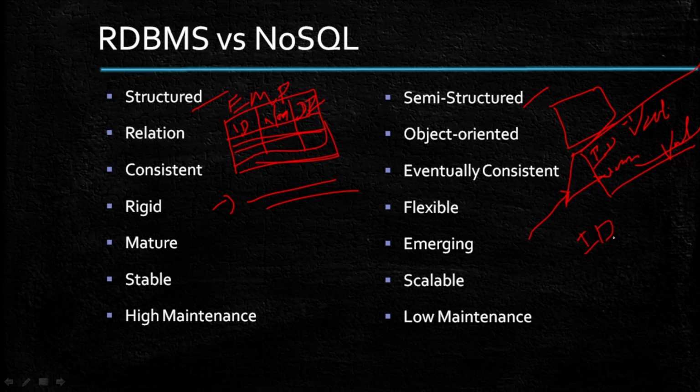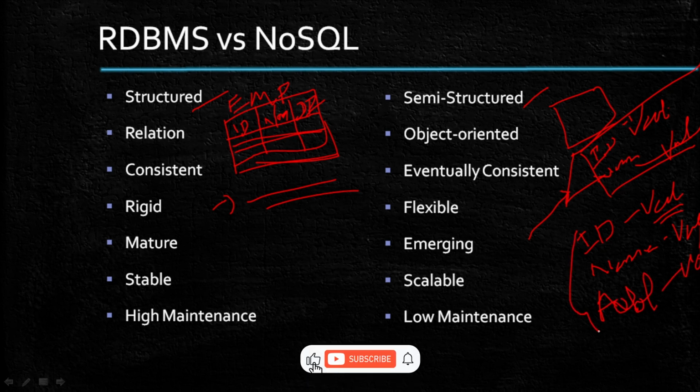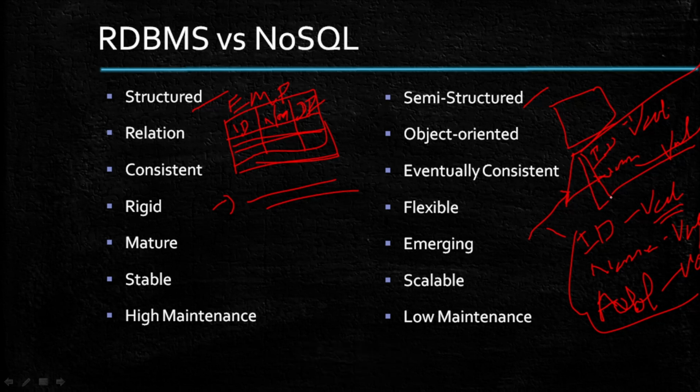He entered the data: ID of the employee, suppose some value is there, name of the employee, which also has some value. Then he also entered the address of that employee, in that same collection where the previous user entered the data, ID and name.